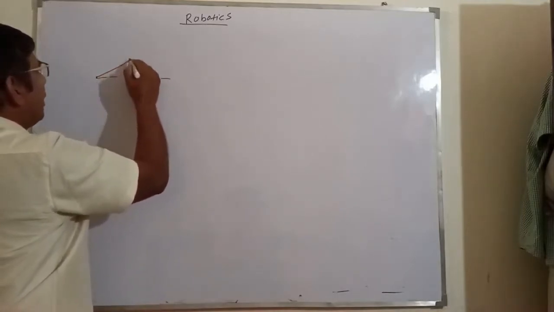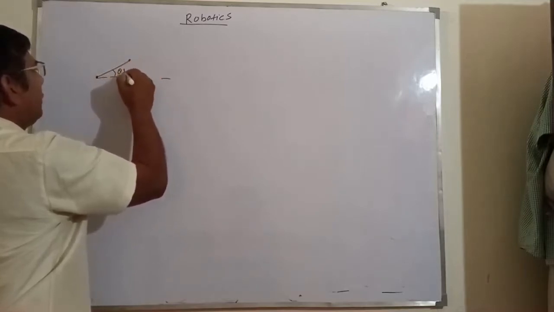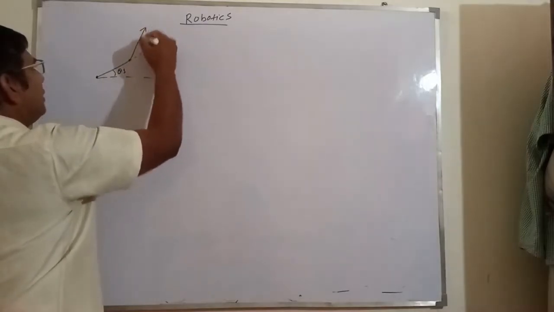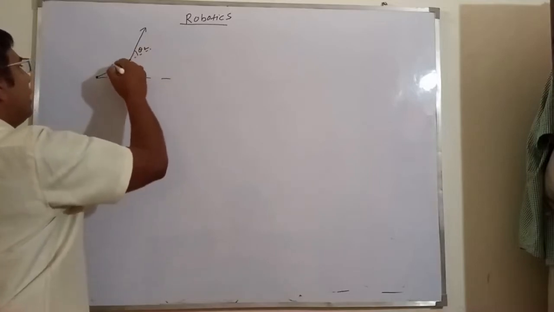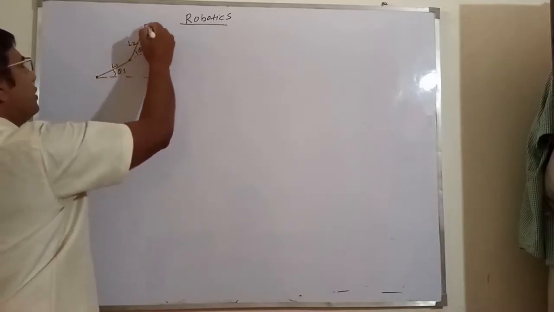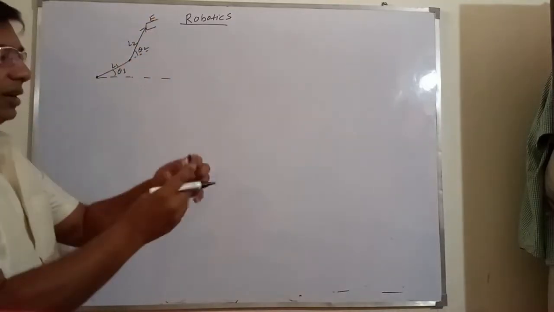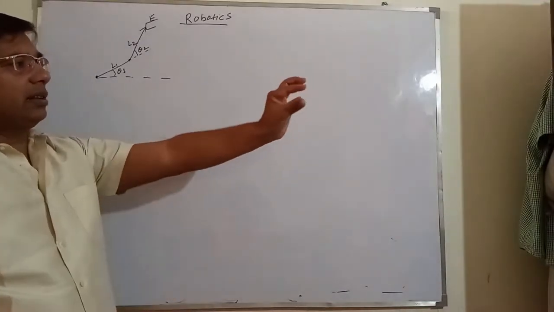This is making an angle of theta 1, and this one is making an angle with this one as theta 2. Okay, this length is L1 and this length is L2, and suppose here we have the end effector, like the end effector is something like our hand here.